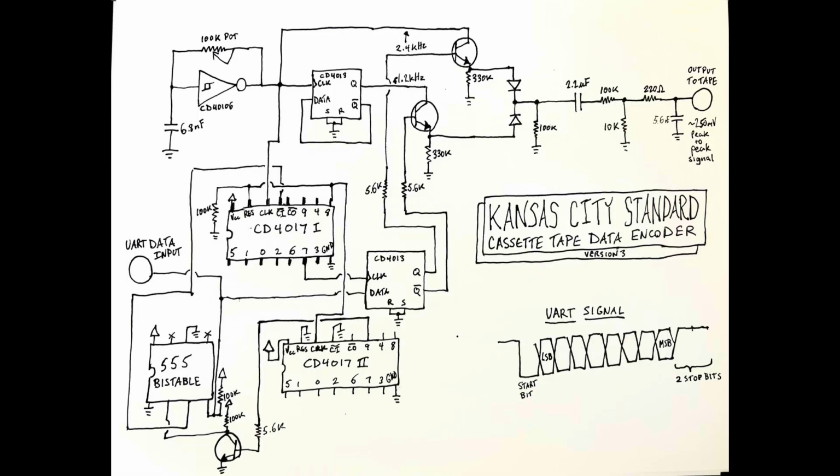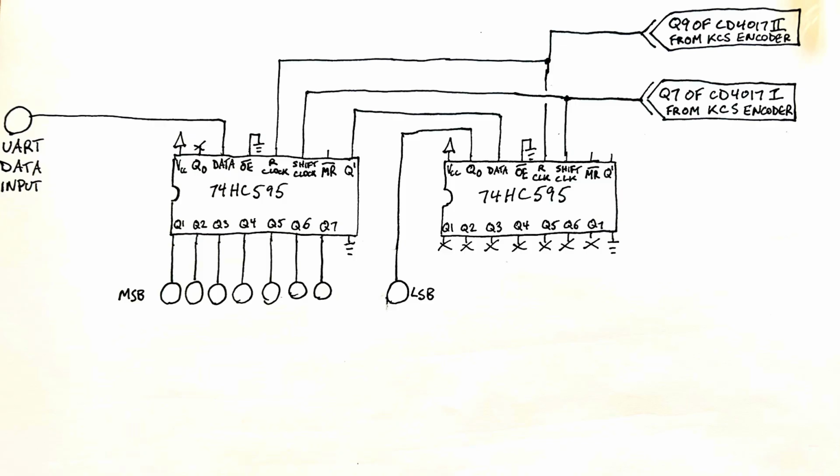to display it better? So here's the schematic diagram of the encoder circuit, where I used a bistable 555 timer and two CD4017 counters to basically count out the bits and synchronize it with a 300 bits per second signal. The UART data needs to be displayed in a way and be able to be output in a parallel fashion.